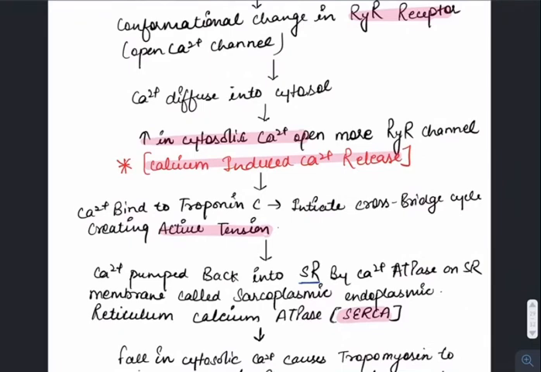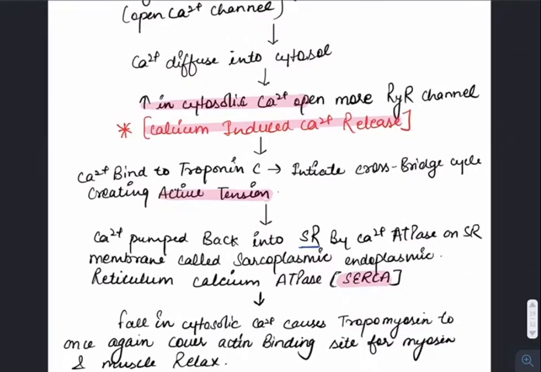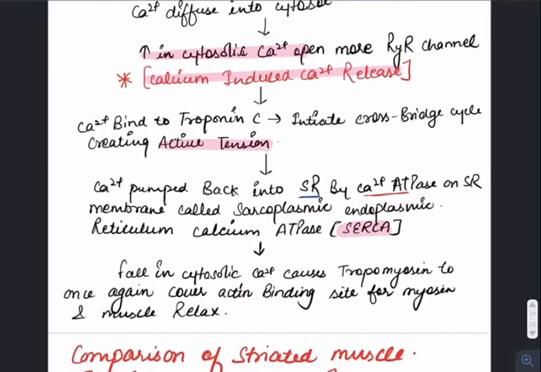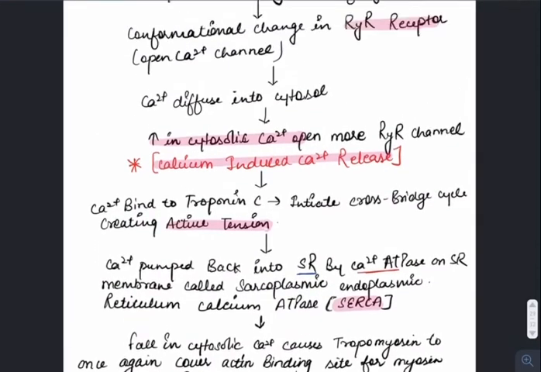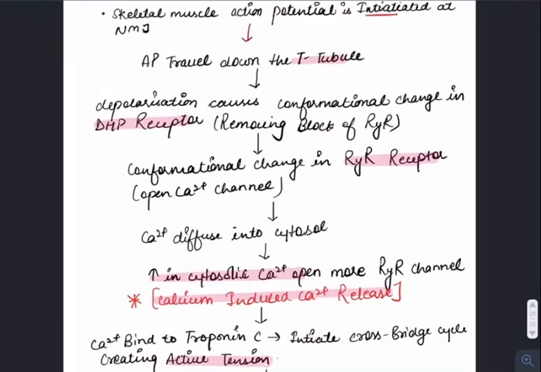Calcium binds to troponin C and contraction happens. After that, calcium is pumped back into the sarcoplasmic reticulum by the sarcoplasmic endoplasmic reticulum calcium ATPase, which decreases cytosolic calcium and leads to muscle relaxation. So this is the excitation and contraction in skeletal muscle.